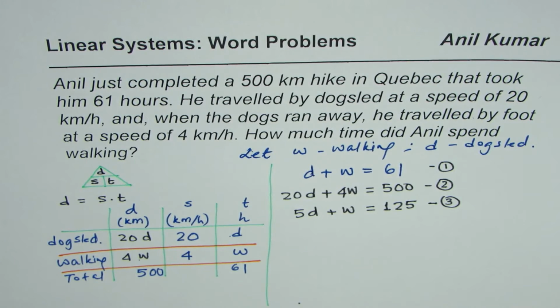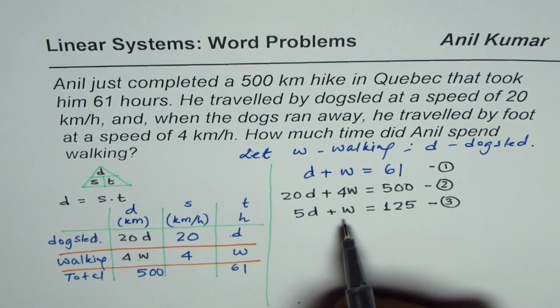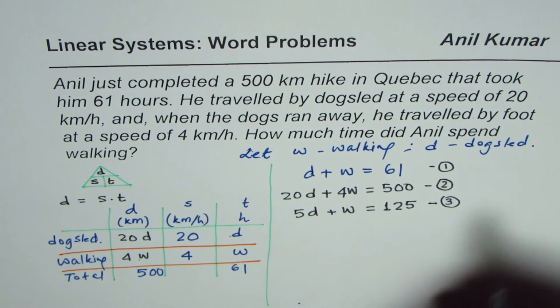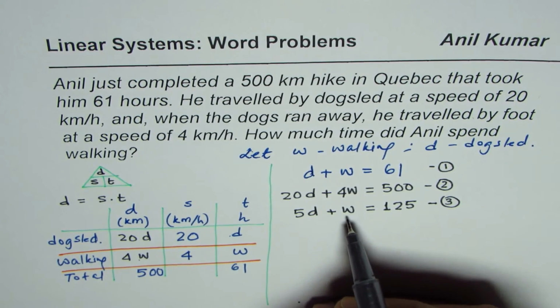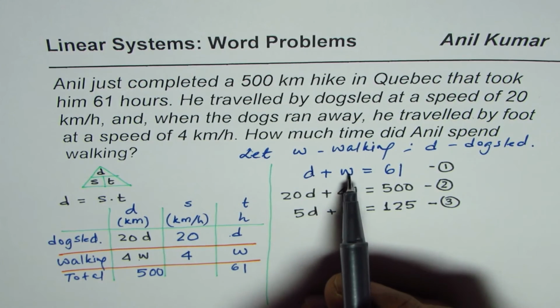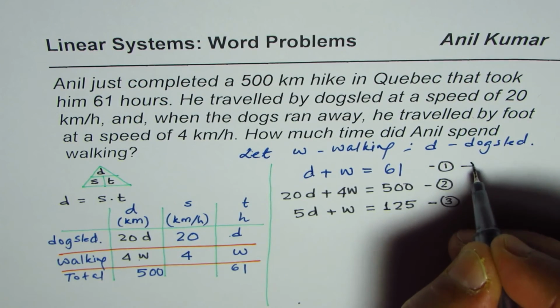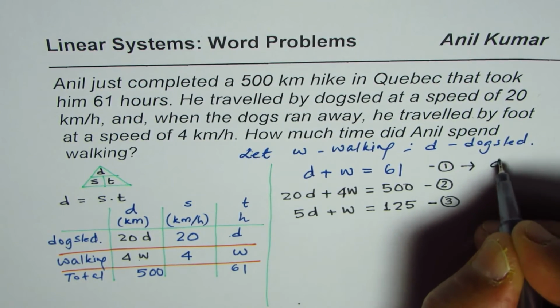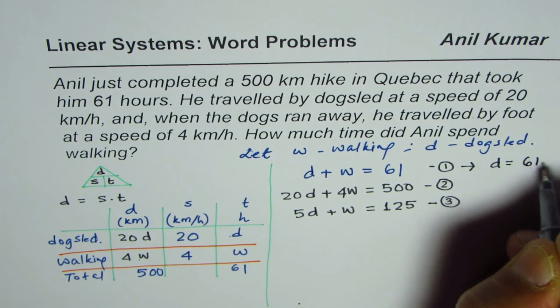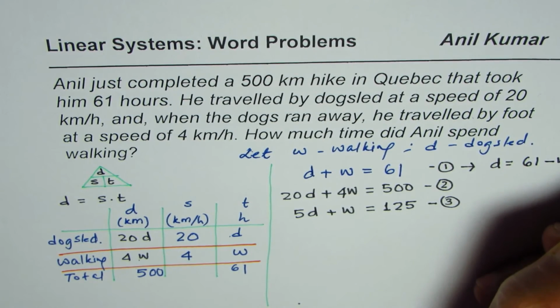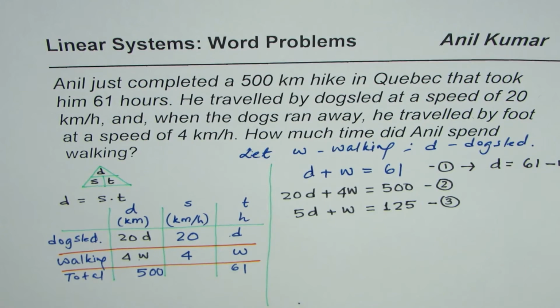We can do elimination or substitution, either of those two methods. Since we need to find W, it's better to write D in terms of W. From equation 1, D equals 61 minus W. I'll call this equation 4.